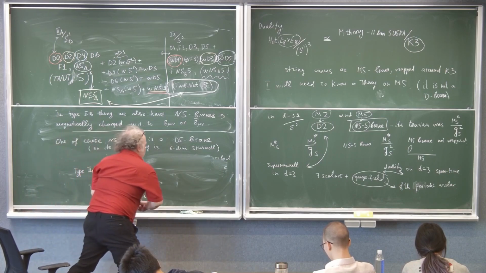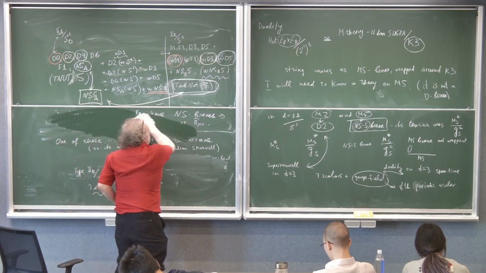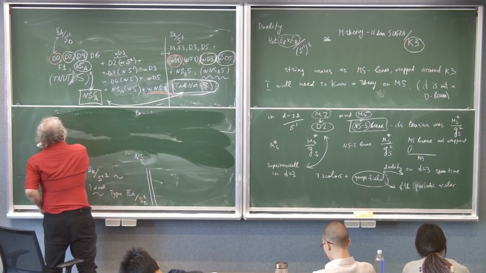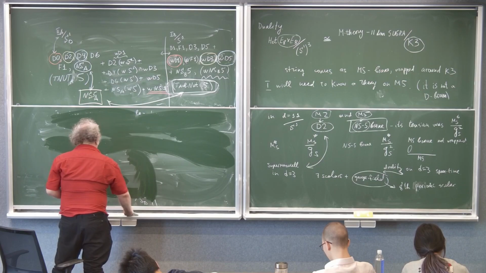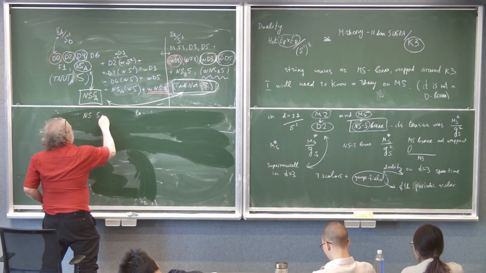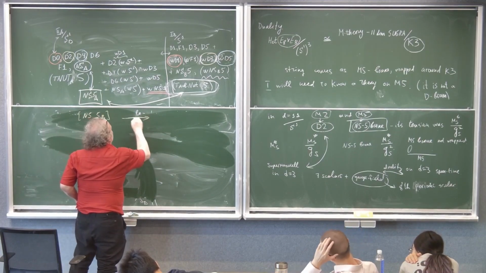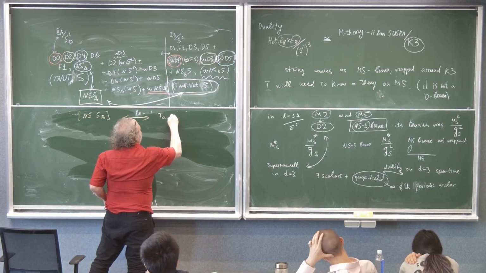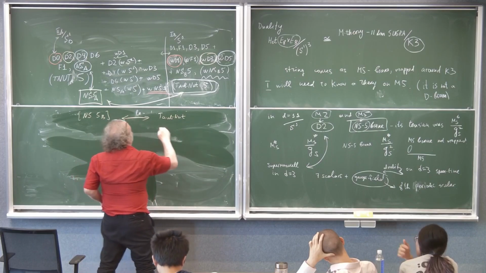So similarly, we can show that NS5B under T-duality goes to Taub-NUT in the theory 2A.